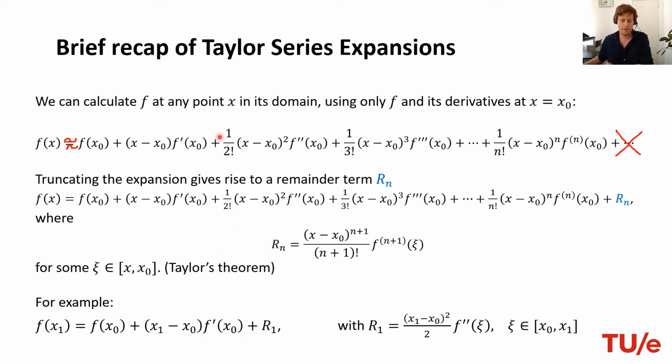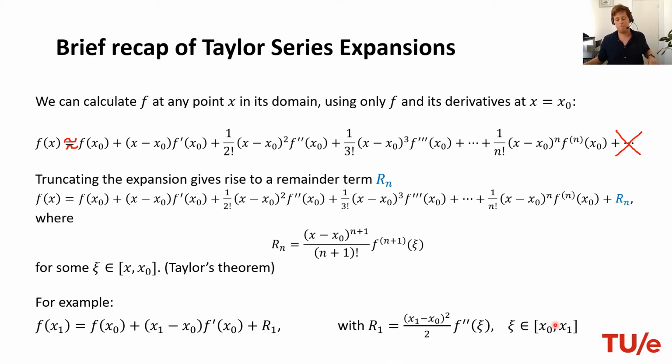This means that we would get rid of all these terms over here. And Taylor's theorem then tells us that we can rewrite this remainder term as follows. This will be the difference in x squared over 2 multiplied with the second derivative of f evaluated at xi, for some xi in between x0 and x1.